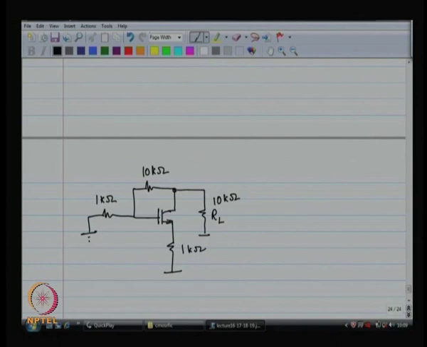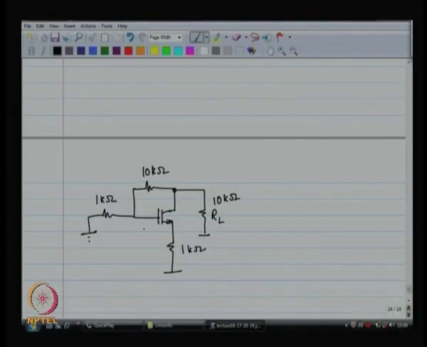I have nulled the input voltage source already, and CGS is really the capacitance across the gate to source junction, right. So, what we have to do is we have to dereference the ground to make our life easier, and then we have to do the computation, right.